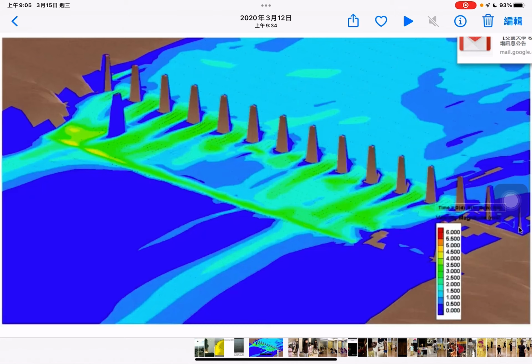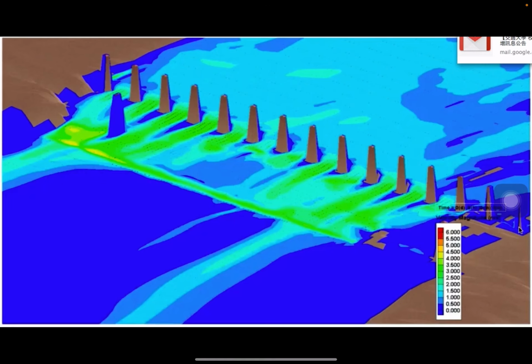So if we have a bridge and we have installed some pier structures along the river, we should calculate how large the pressure distributions are under different flow conditions, because sometimes the flow condition is quite large and the pier structure will be broken, right? So we should understand it first.